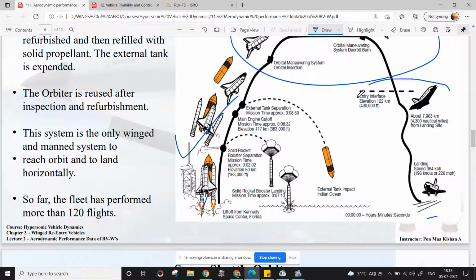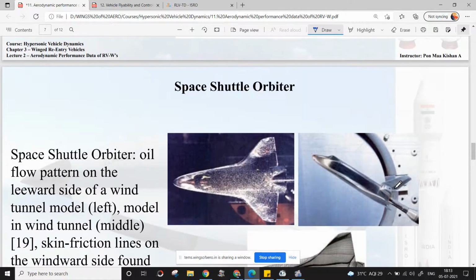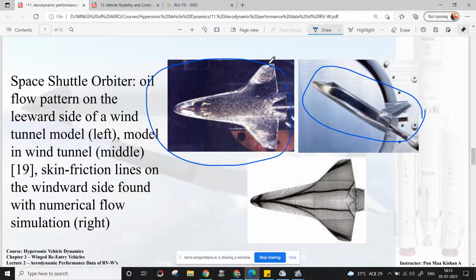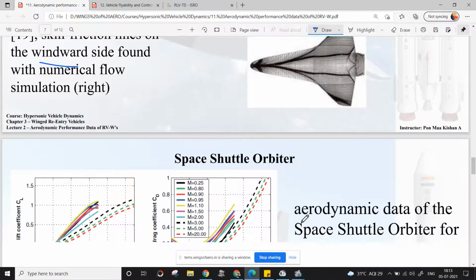Also we have covered how we are going to perform the landing. What is the first phase we have studied? We have focused on hypersonic wind tunnel testing. What is the leeward side, windward side? Those factors we have discussed, right?